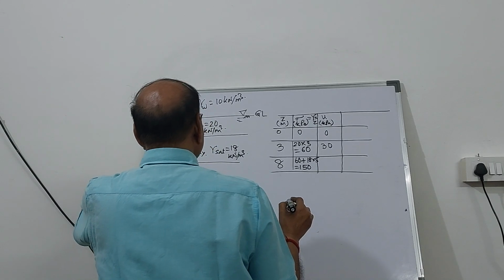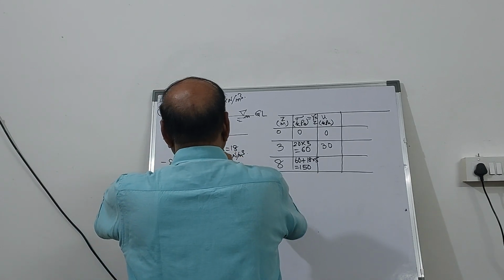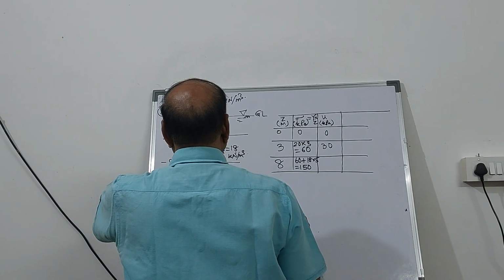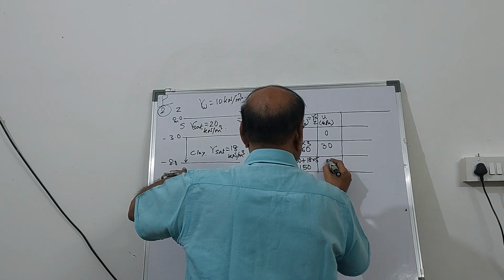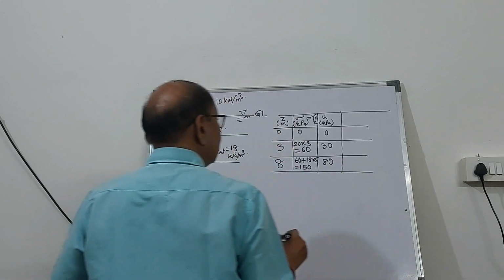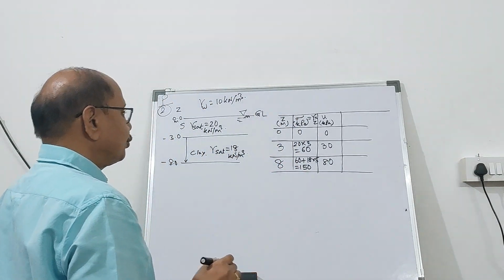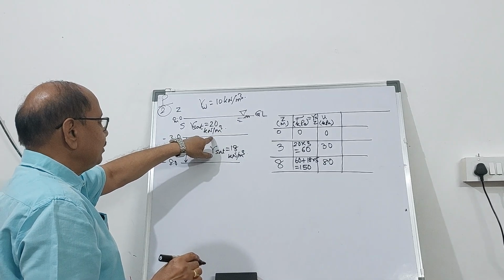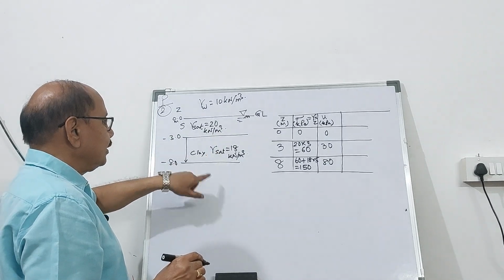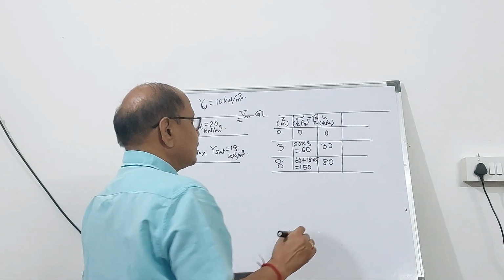And at this level, the water column is going to be of 8 meter. So 8 into 10, that is 80. So pore water pressure is shown to you 0 here. Pore water pressure at 3 meter is 30, and at 8 meter it is 80 kilopascal.